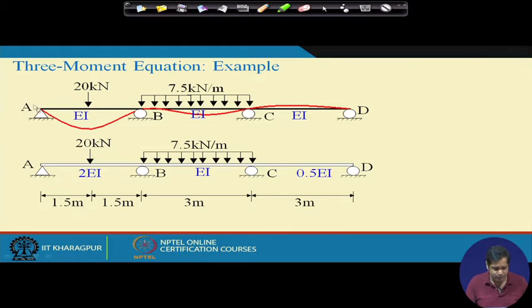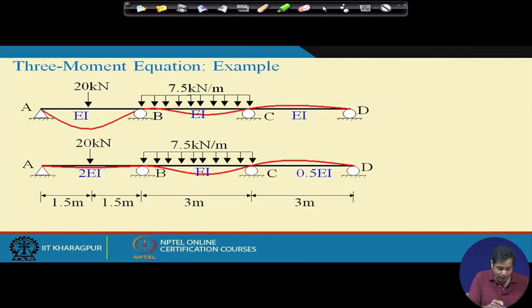So, this was the example, this is interesting. This was the deformed shape when the flexural rigidity of all the members was the same. Now, if they are different, then this is the deflected shape. Both the deflected shapes are scaled by the same factor. Now we can easily see here, when we increase the flexural rigidity of member AB, the stiffness is now more, so naturally the deformation in that member will be less.